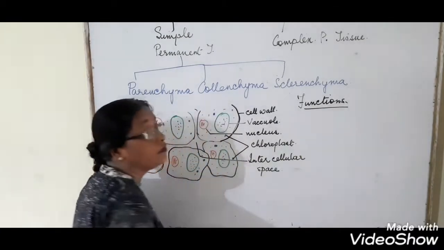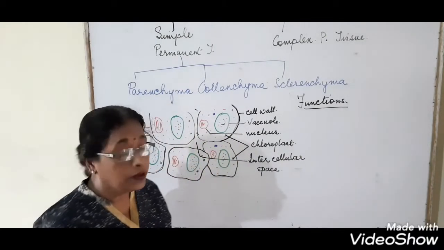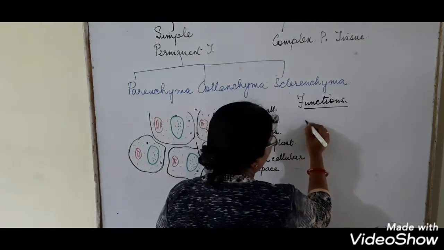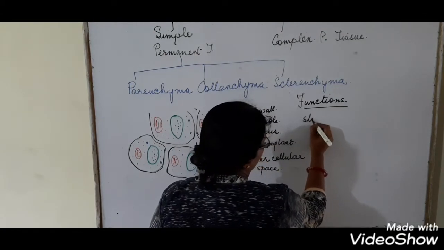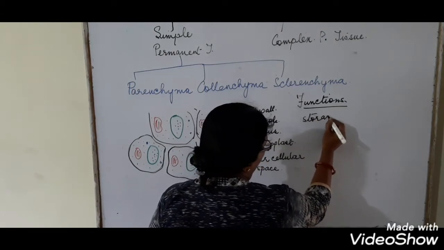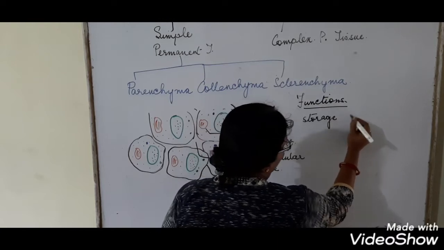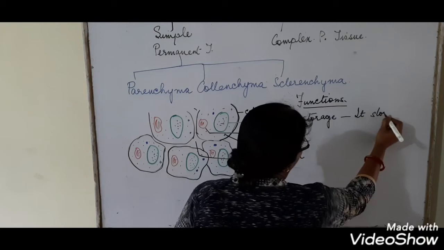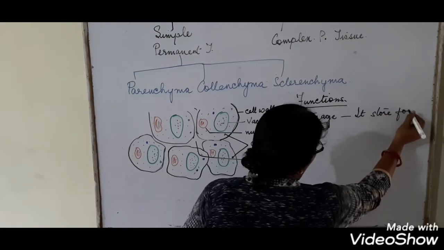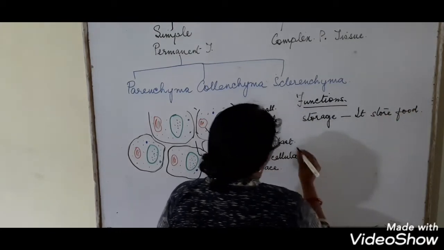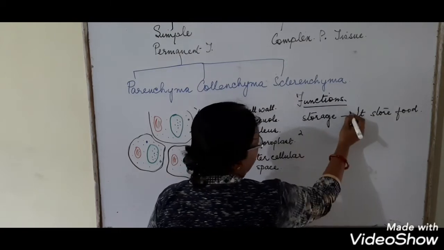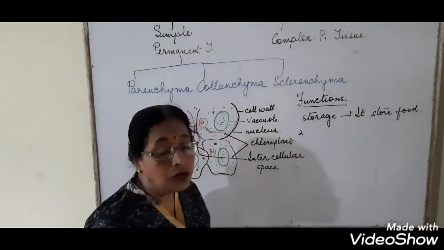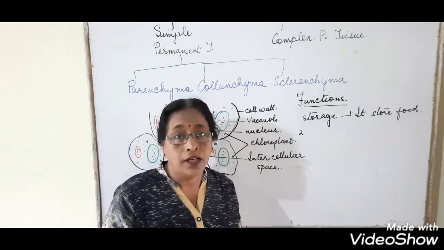First function is it stores food. So this is storage. It also stores the waste products of the plant.